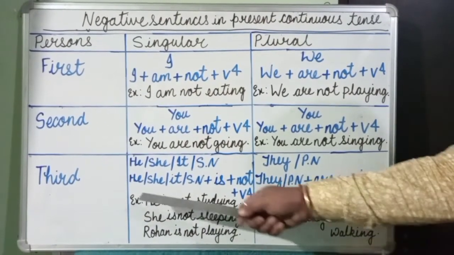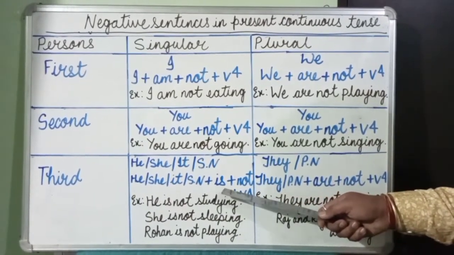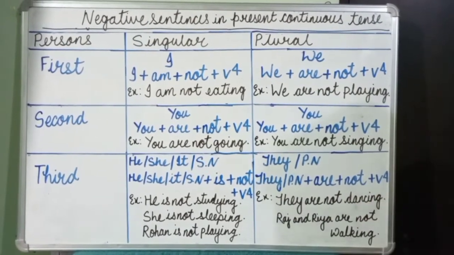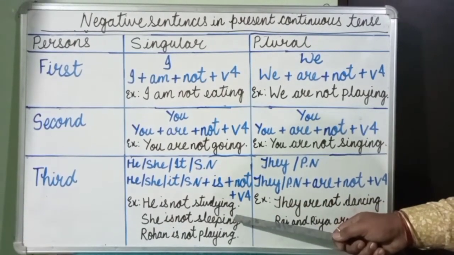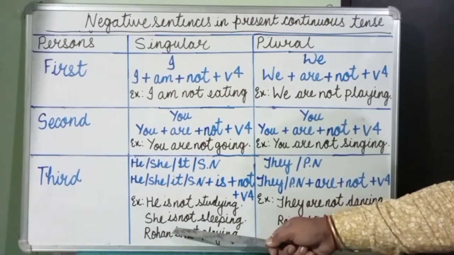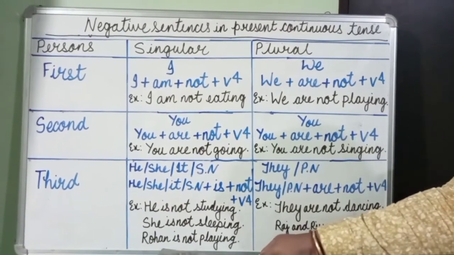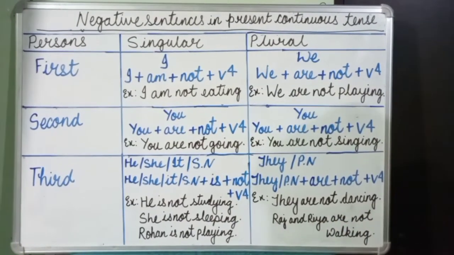The rule is he, she, it or single name plus is plus not plus fourth form of verb. For example, he is not studying. She is not sleeping. Single name, Rohan is not playing.